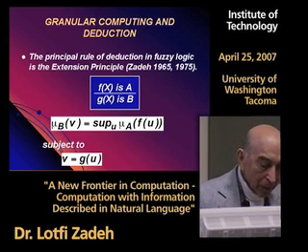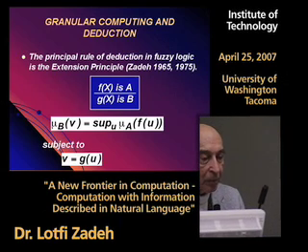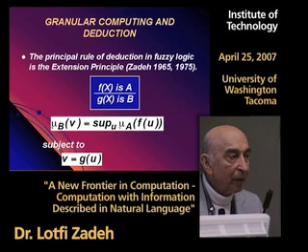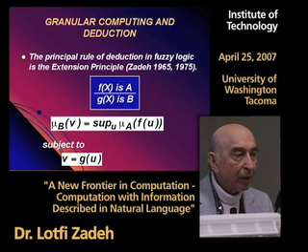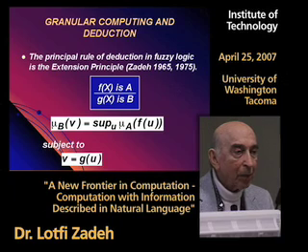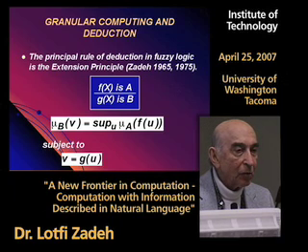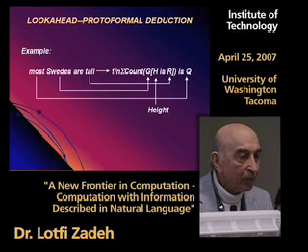So I start with a proposition, with information described in natural language. I make that information precise by translating it into the generalized constraint language. Once I have these generalized constraints, I propagate them, and the principal propagation rule is the extension principle.